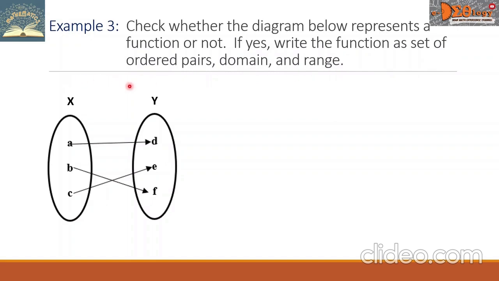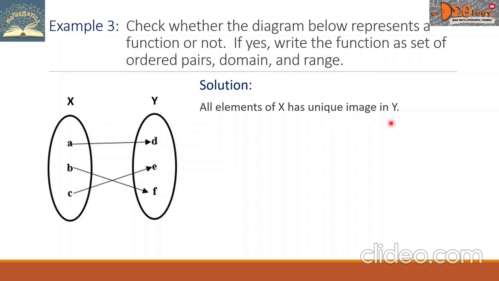We have the two sets, set X and set Y. These are the elements of X, these are the elements of Y. We can see that all elements of set X have a unique image in Y. Or we say that there is only one arrow from any element of set X going to an element of Y. Then we say that this diagram represents a function.